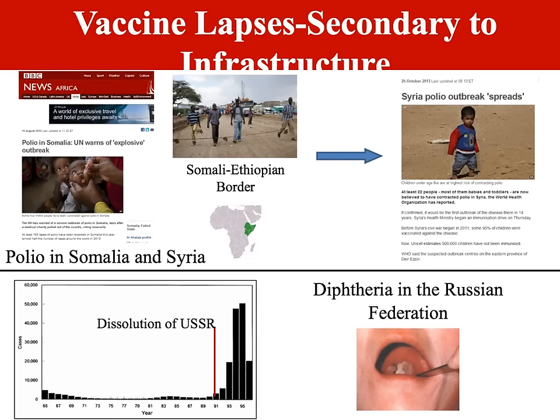The first, to me, is very, very tragic, and that's when you have vaccine lapses that are secondary to collapses in infrastructure. We talked about something that's in a way sort of analogous in our last class together when we were talking about parasitology.